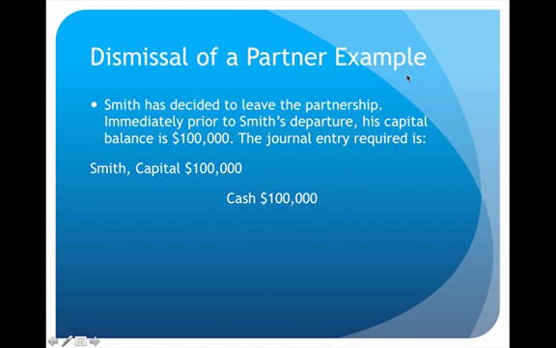And in this case, the capital balance for Smith happens to be $100,000. So what we will do is simply remove that capital account with a debit, and then we will credit cash to show the payout when we give Smith the money. So that is the example of when a person leaves the partnership.